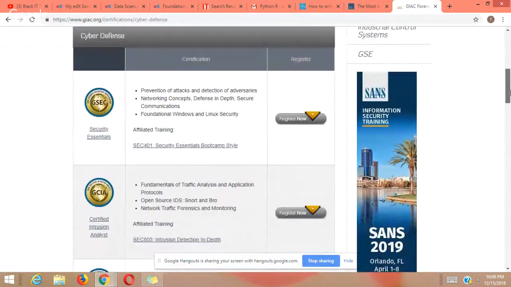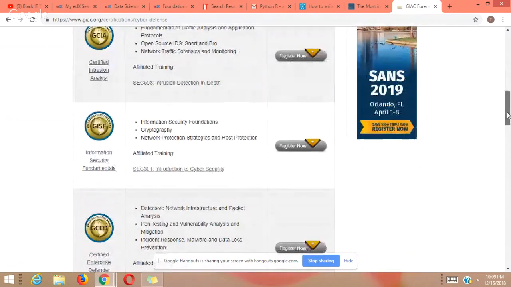All right, so the first one is security essentials, GSEC. That's similar to Security Plus. I think it's just a little bit more challenging because they ask a lot more questions. Certified intrusion analyst, that's what I used to do. That's a lot harder than the first one I just mentioned.